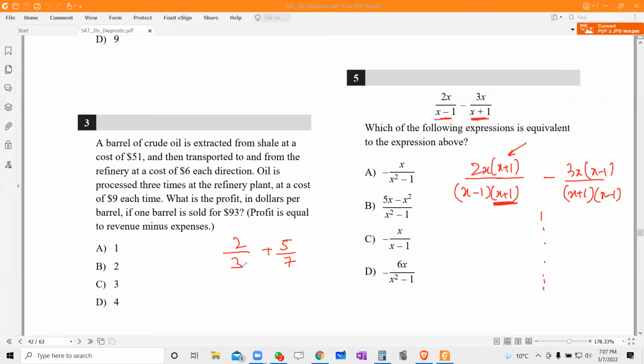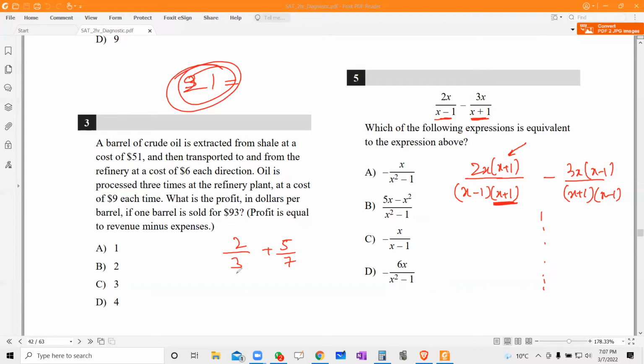Remember, whenever you're having addition or subtraction of fractions, you will make the denominators the same always. In order to make the denominators the same, you will see 3 and 7 have which number as a common multiple? It is 21. 3 times 7 is 21, isn't it?